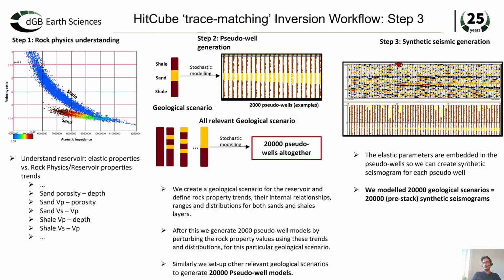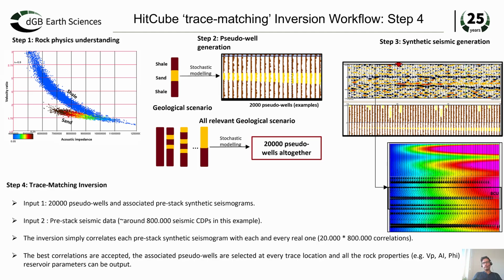And in step 3 thereafter, we simply create pre-stacked synthetic seismograms from each of those 20,000 pseudo-well models. This is a simple process because the elastic parameters, i.e. P-wave velocity, shear wave velocity, and density have already been defined in the various pseudo-well models that we have created.